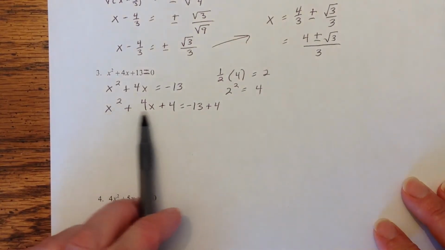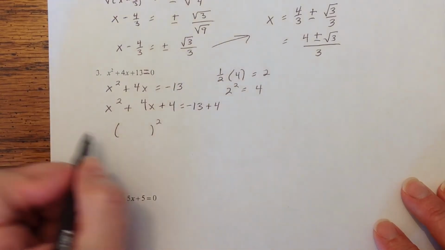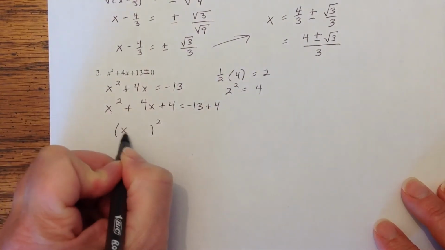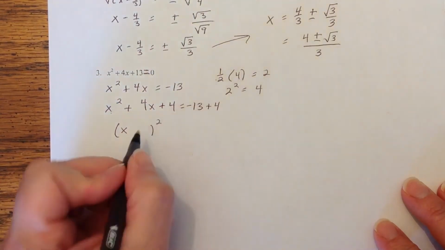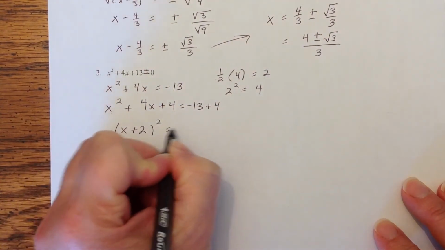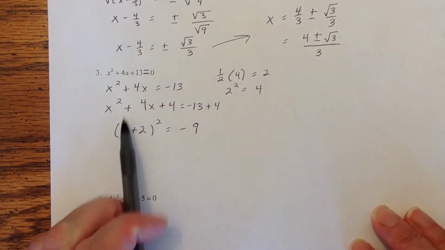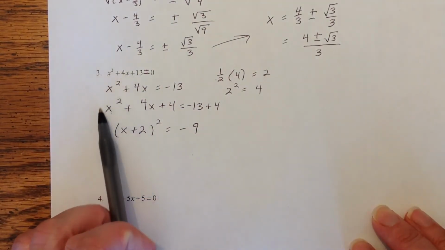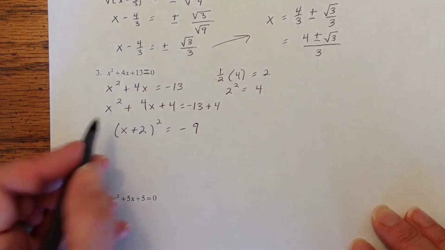This trinomial factors. It factors into the same expression twice. What goes here is you split the x squared, and the number that goes in here is what you got when you took half of 4, so x plus 2 squared equals negative 9. Now my x's have been condensed into a single spot within a power of 2.